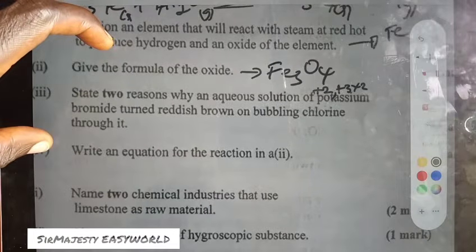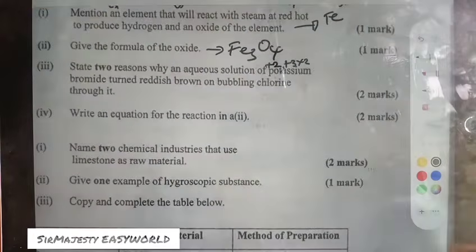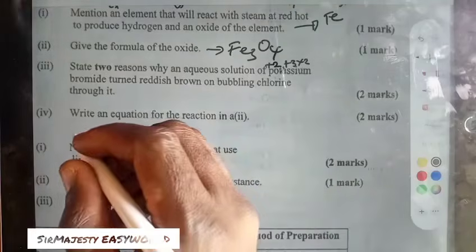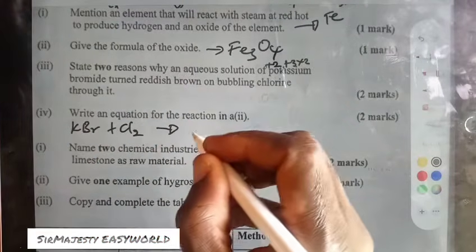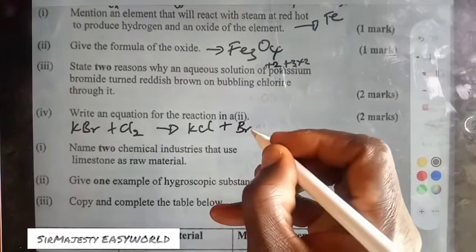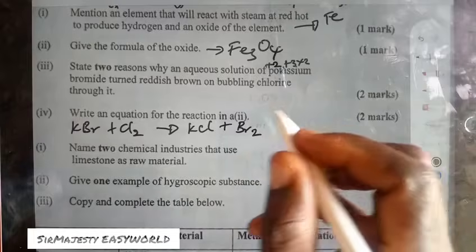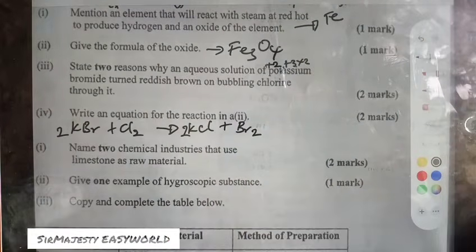Secondly, the color of bromine is reddish brown. Write an equation for the reaction. Potassium bromide, KBr, plus Cl2, chlorine gas, will give you potassium chloride plus bromine. Balance the equation: we have to put 2 here and 2 here.